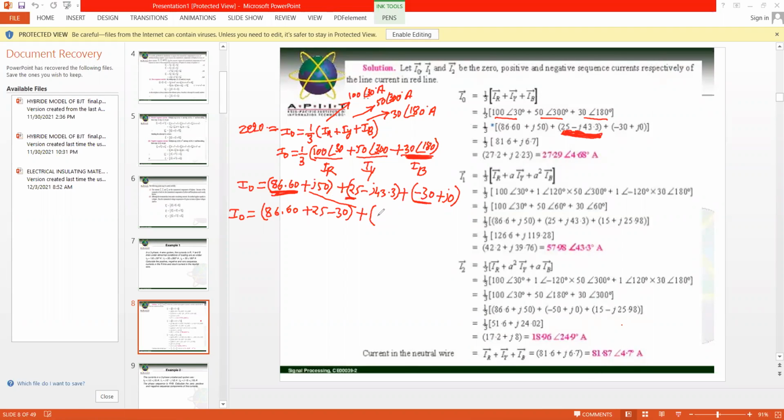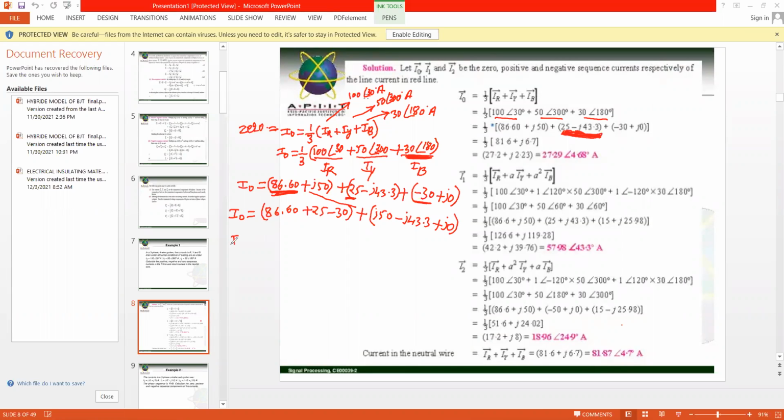So now next, addition of all the imaginary parts: j50 minus j43.3 plus j0.